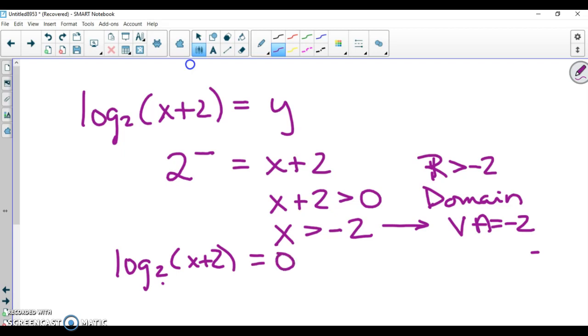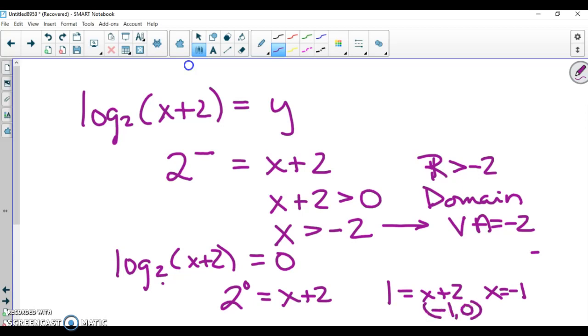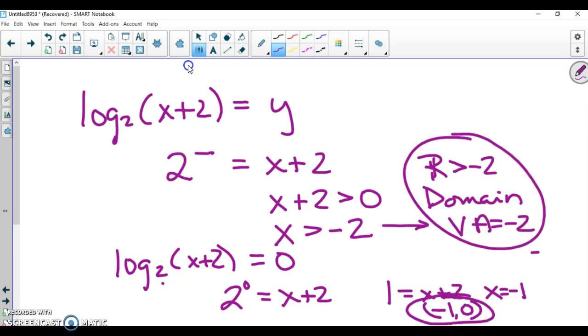This is saying to us 2 to the 0 equals x plus 2. 2 to the 0 is simply 1. 1 equals x plus 2. x equals -1 is our x-intercept at (-1, 0). Found domain, vertical asymptote, and our x-intercept.